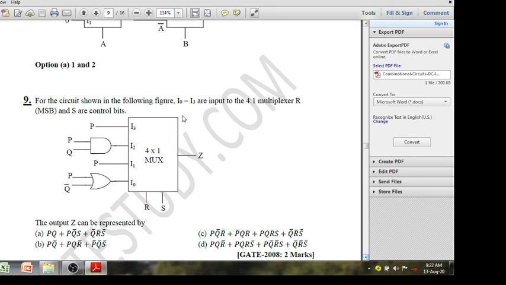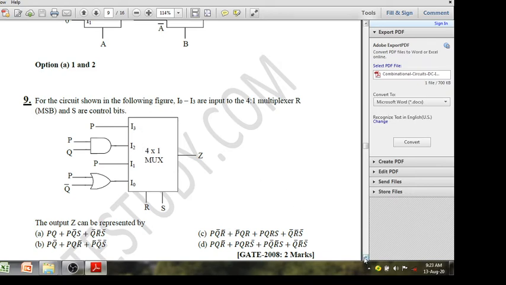Again for this question, for the circuit given below, you have to determine the value of Z. Again you have to use the same equation. Z is R bar S bar into I0 plus R bar S into I1 plus R S bar into I2 plus R S into I3.